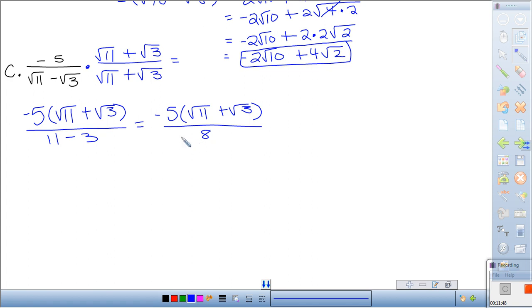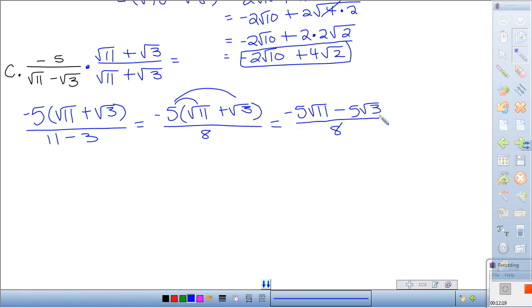So all I'm going to do is, well, first, let me just go ahead and distribute first. So I have negative 5 times the square root of 11 is negative 5 square roots of 11. Then negative 5 times the square root of 3 is negative 5 square roots of 3. And all of that is divided by 8.